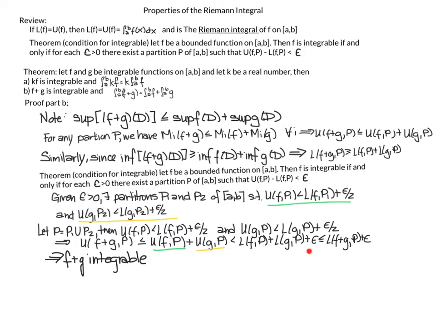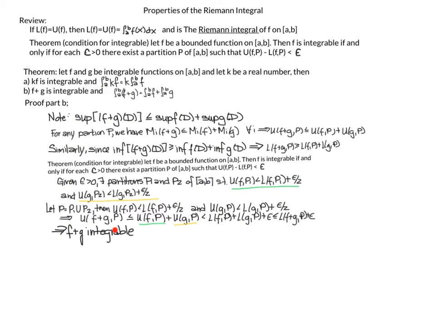The two epsilons over 2 combine, and I get this statement here. So this is going to be less than or equal to, again by this statement up here, the lower sum of f plus g with respect to P plus epsilon. Hence, f plus g is integrable.